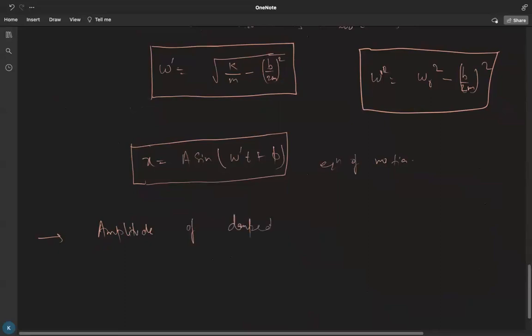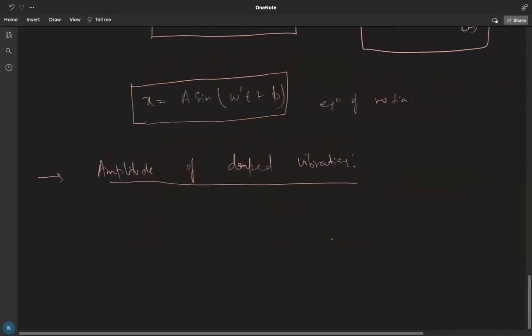Amplitude of damped vibration, right? So the amplitude of the damped vibration is actually exponentially decaying, right? So let me write it here directly. A is varying, like A naught is our initial amplitude, A naught e to the power minus bt by 2. This is how our amplitude varies.